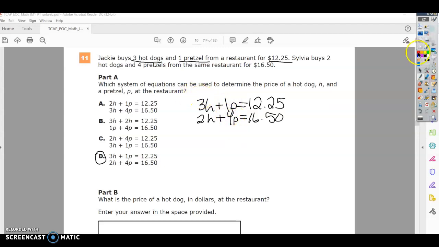So we're going to take the top equation and multiply the whole thing by 4. So 4 times 3 will be 12h, and then plus 4p, and then 4 times 12.25 is 49.